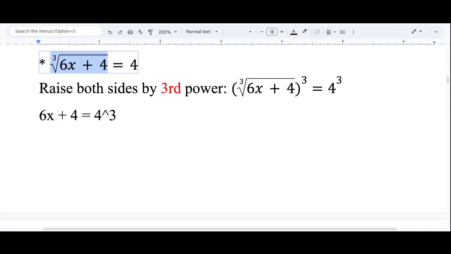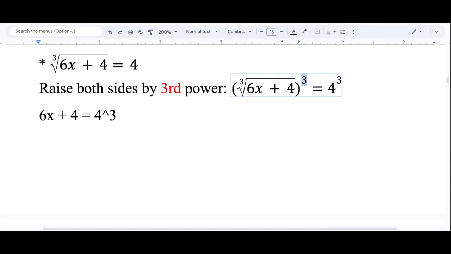Getting rid of a square root with a square. Getting rid of a cubic root with a cube. Okay. We raise both sides to the third power.